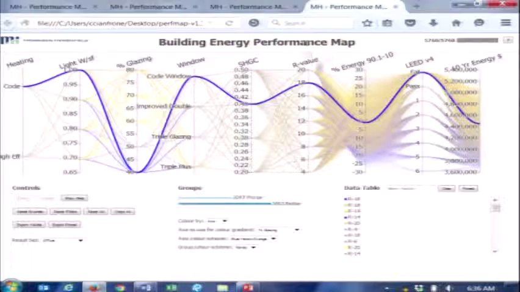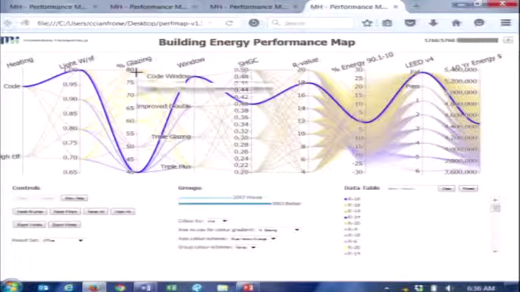Anywhere to the left of my cursor here are inputs into the model that we manipulated. Heating efficiency varies between a code compliance heating system and a higher energy efficiency one. Lighting power density, so lighting efficiency, goes all the way down from 1 watt per square foot to 0.6.